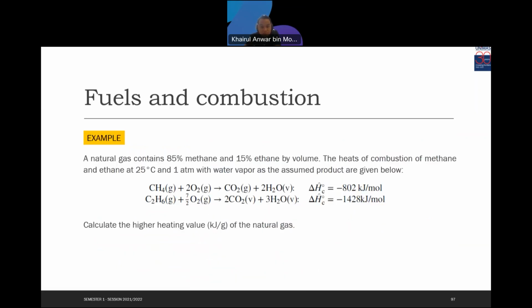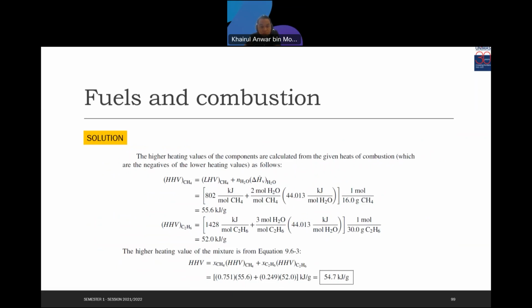Although the heat of combustion is negative, LHV is positive, plus 2 mole H2O per mole of CH4 times 44.013, delta HV of H2O. You can check it in Table B1. And 1 mole over 16 gram of CH4. So the higher heating value of methane is 55.6 kilojoule per gram.